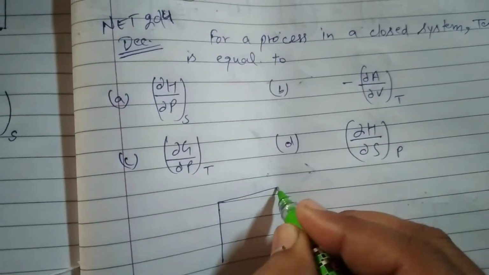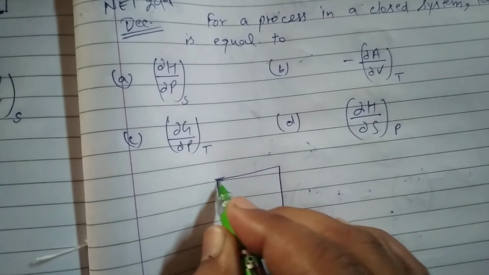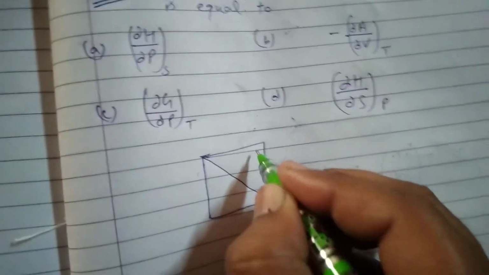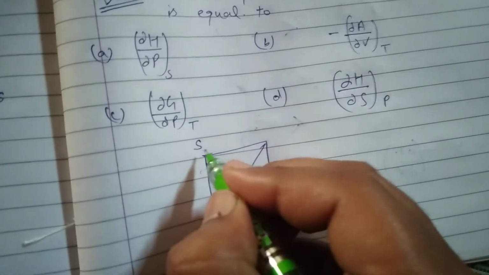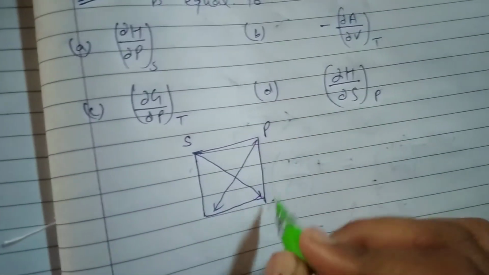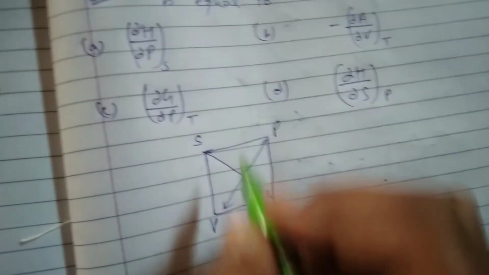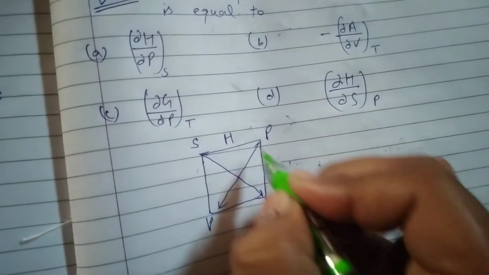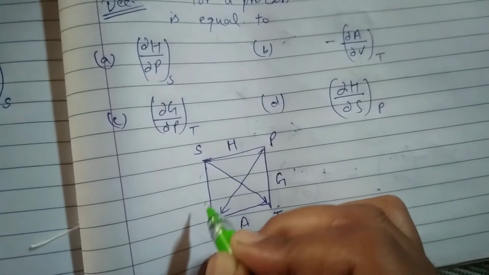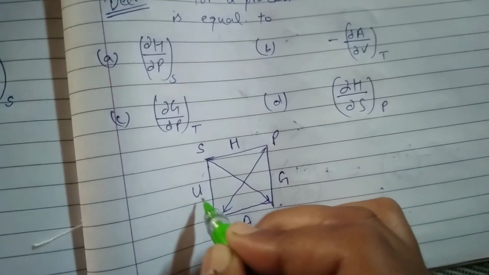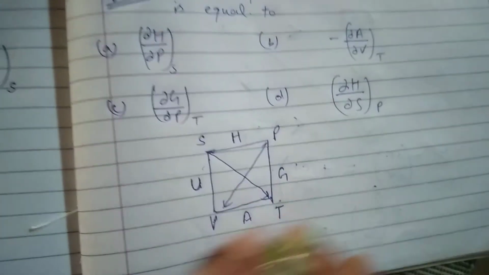For this also, we first draw the thermodynamic square, write the thermodynamic variables entropy, pressure, temperature and volume at the corners, and the thermodynamic functions at the sides.